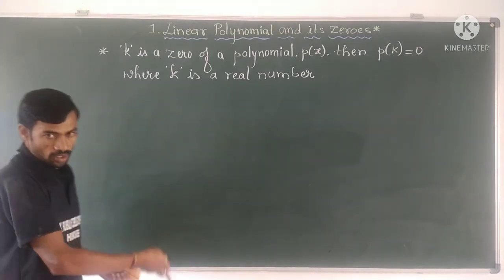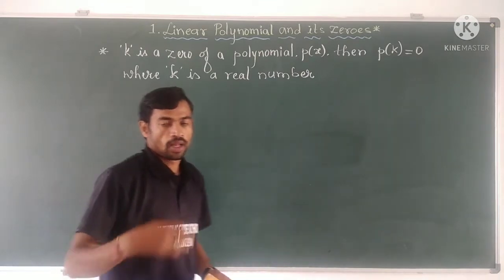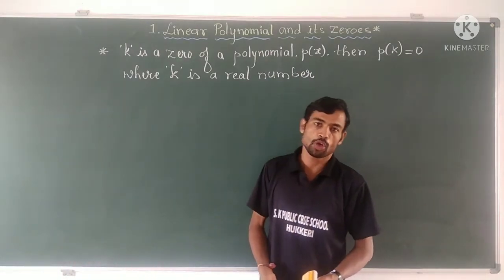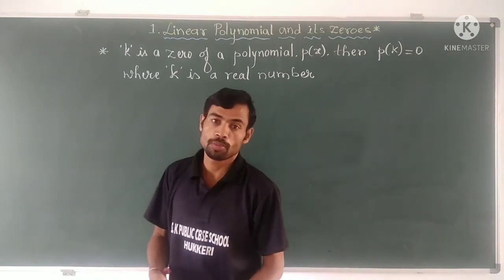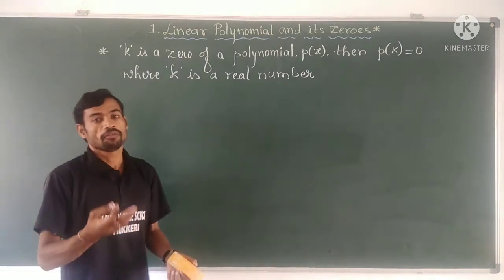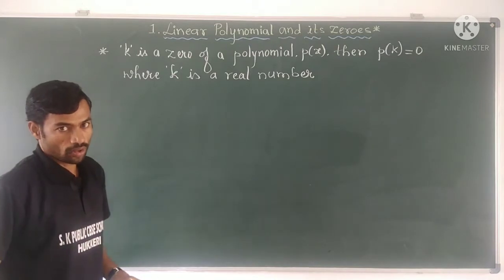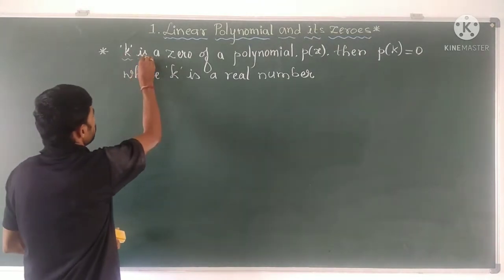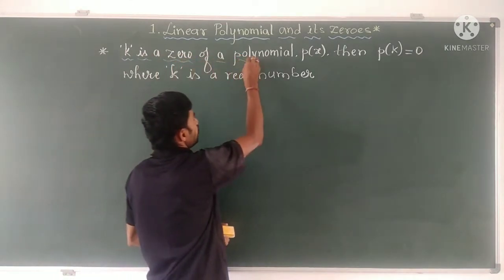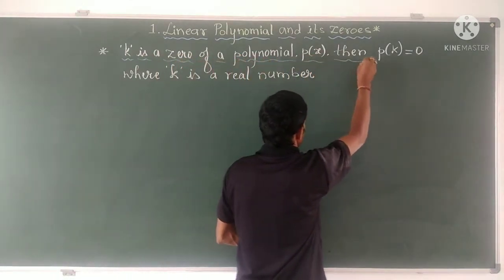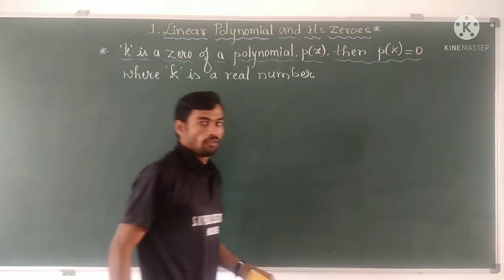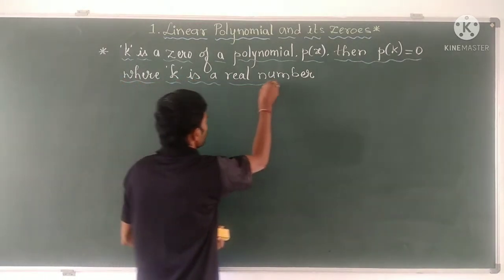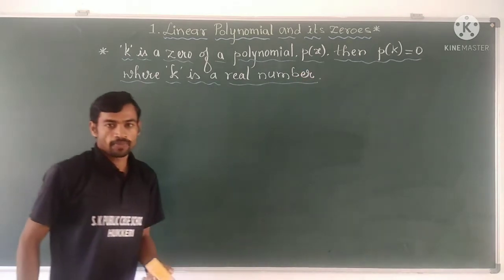It may be a linear polynomial, a quadratic polynomial, a cubic polynomial, or a polynomial with degree 4, 5, 6 and so on. So this is the general statement for the zero of a polynomial, the general formula for the zeros of a polynomial.